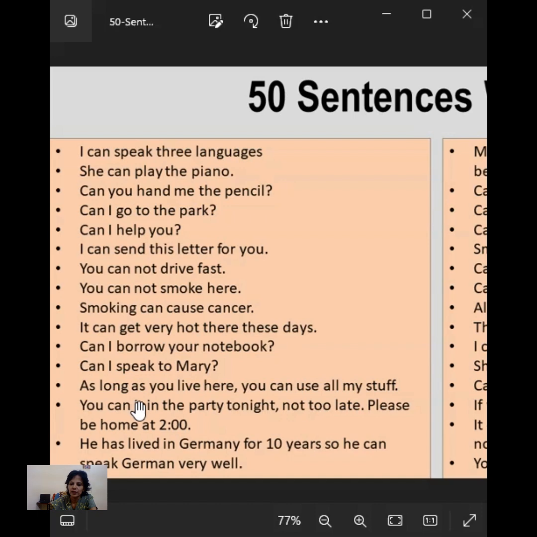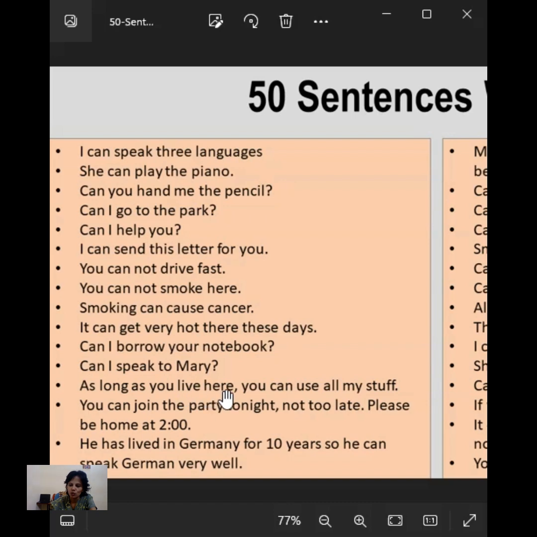And next one, as long as you live here, you can use all my stuff. This person is giving you permission to use their stuff as long as you stay there.